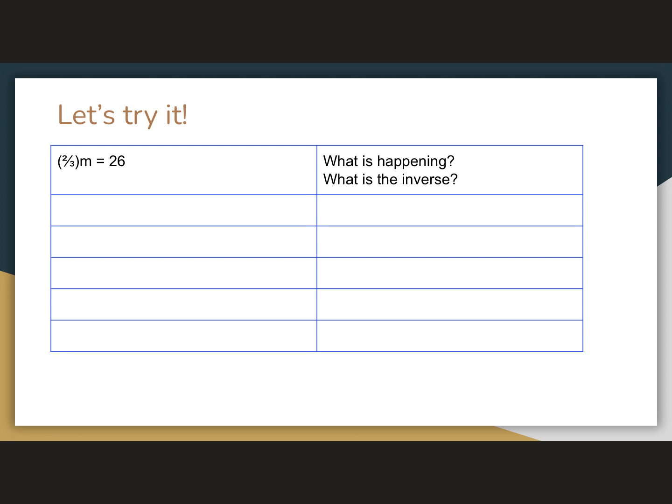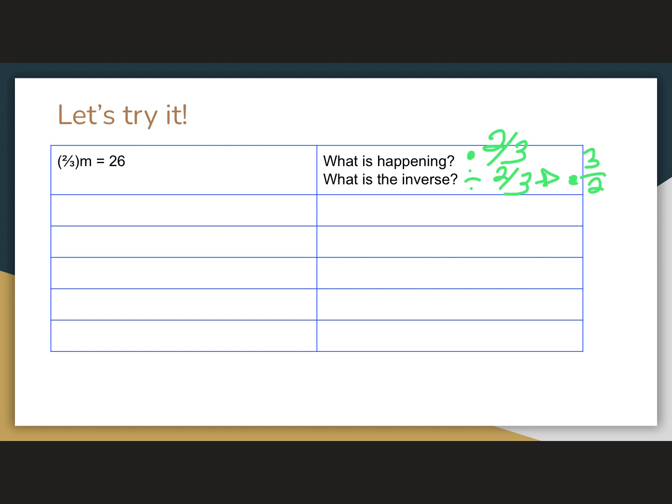Okay, what about here? Well, here what's happening is I am multiplying by 2/3. The inverse of that is going to be dividing by 2/3, which, by the way, is the same thing as multiplying by 3/2.